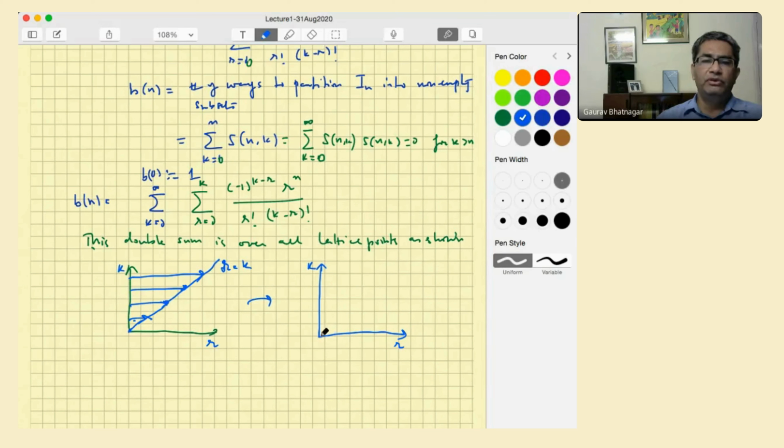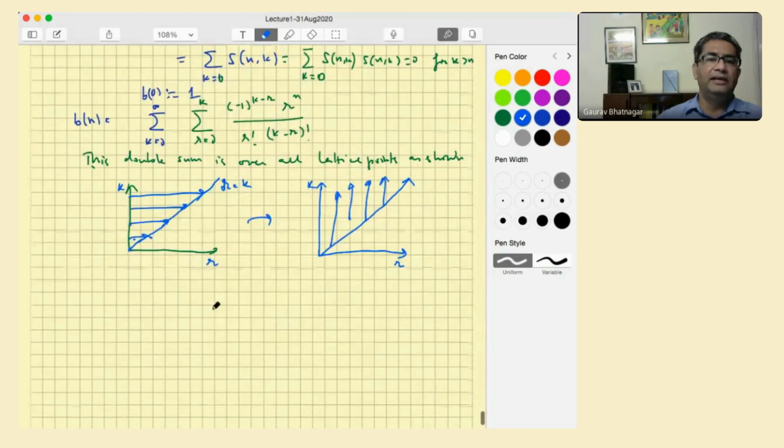And here what we do is we switch it, and we go this way. So essentially, what we are doing over here is that we are going r first. So we are using this lemma.